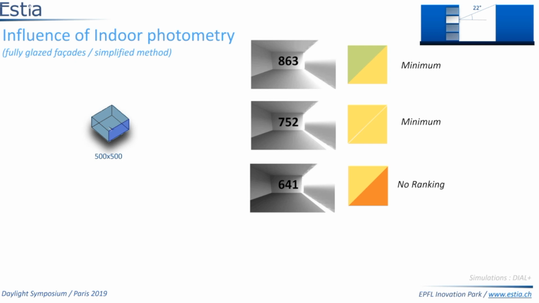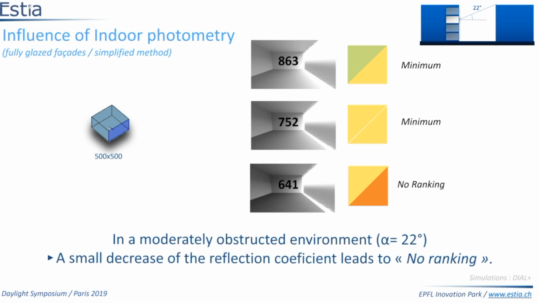Now, just the influence of indoor photometry. On the figures on the slide, for example, 8 means 0.8 for the reflection coefficient of the ceiling, 0.6 is for the walls, and 0.3 for the floor. We can see that even with a moderate decrease of the reflection coefficient, it can lead to no ranking.